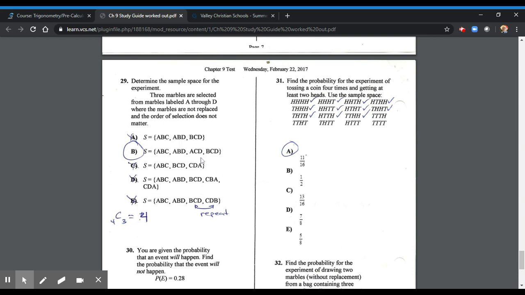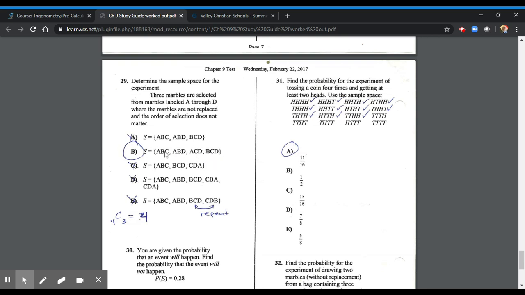29. Determine the sample space for this experiment. 3 marbles are selected from the marbles labeled A through D, where the marbles are not replaced and the order of selection does not matter. So I could have ABC, I could have ABD, I could have ACD, I could have BCD.